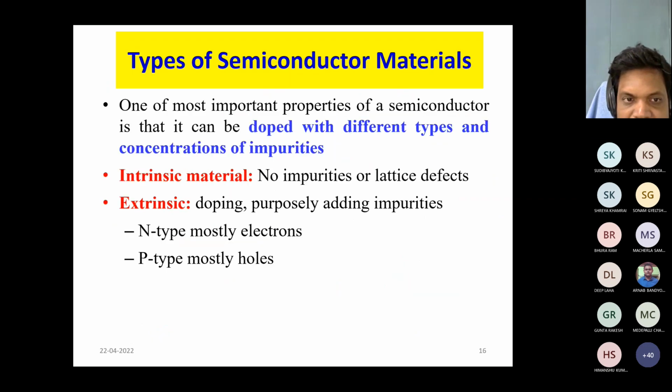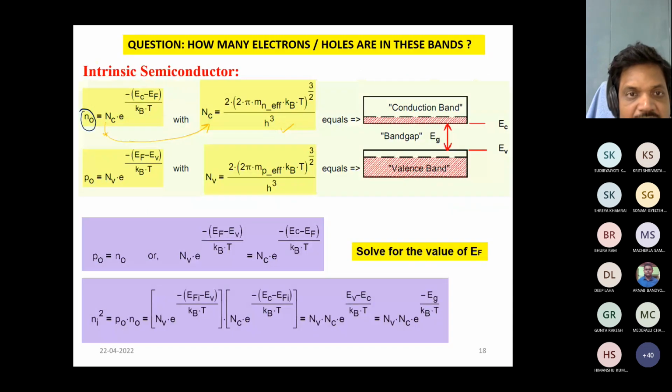This indicates that the number of holes in the valence band, at EV, depends on how far it is from the Fermi energy. This is the exponential term of (EF - EV), and NV is the number of allowable energy states per unit volume in the valence band, which gives the number of holes in the valence band.